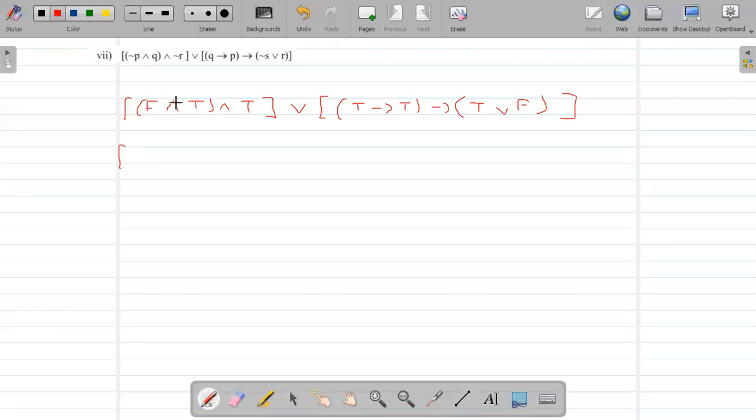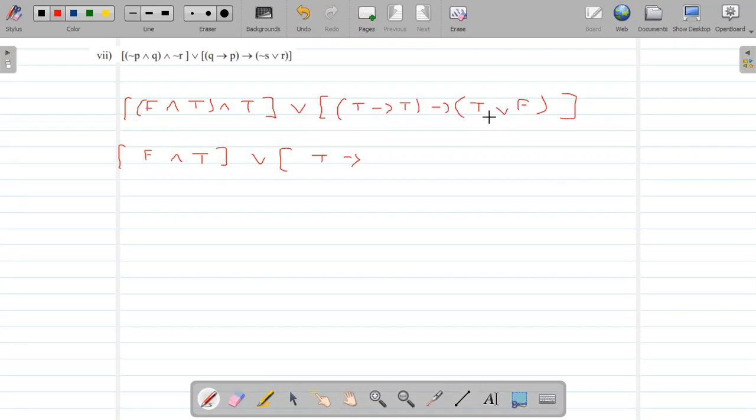So what happens when the case is AND or conjunction? If any one is false, then it will always be false. What happens in the case of implies? True. What happens in the OR case, or disjunction?